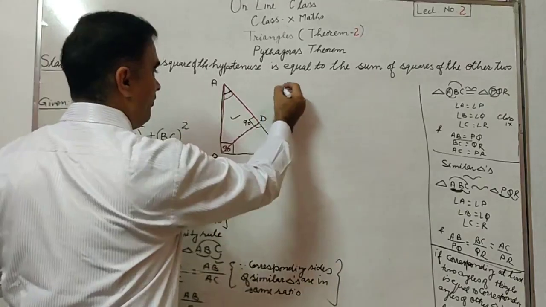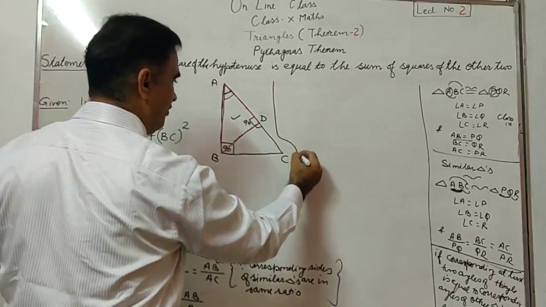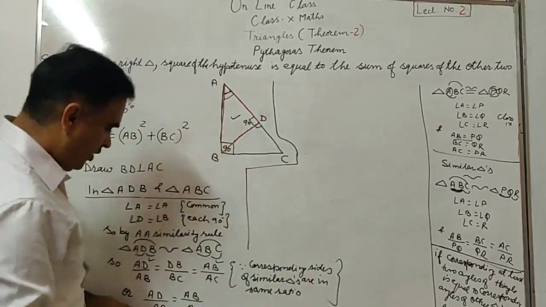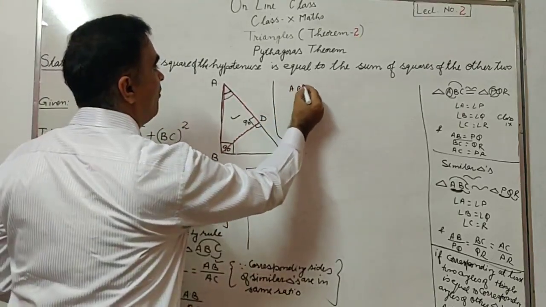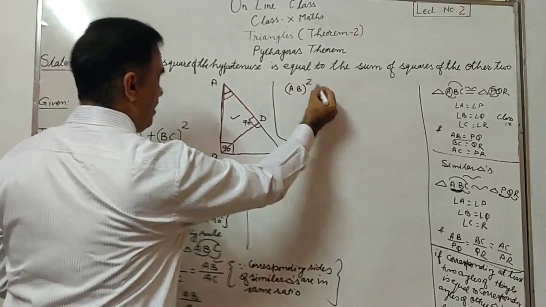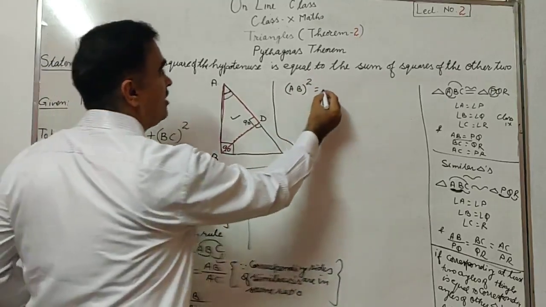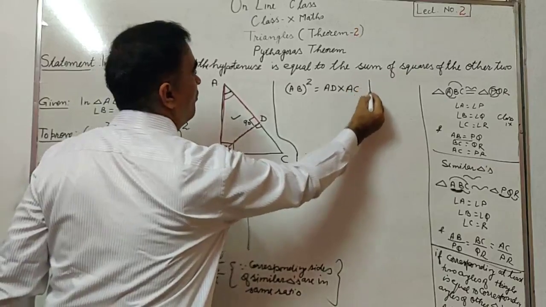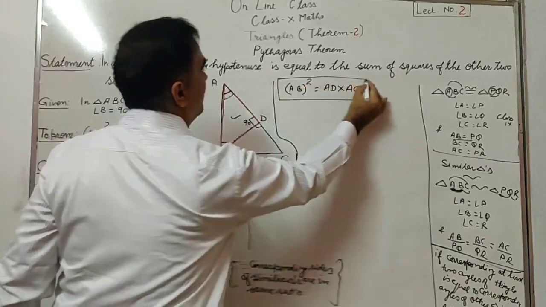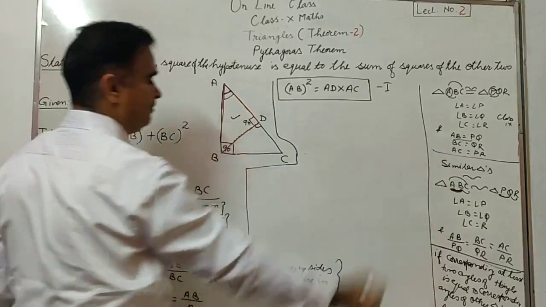What we get is AB into AB, that is AB square equal to AD into AC. Take it as first.